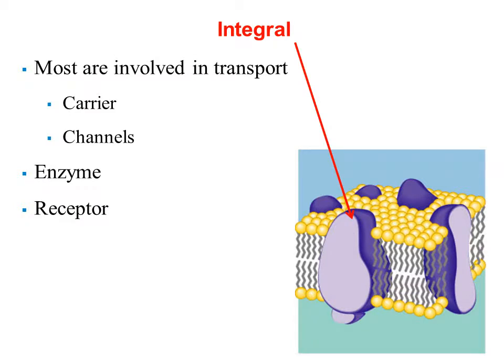They're going to either carry molecules across or they're going to form a channel to allow molecules to flow through the pore. These proteins can also serve as enzymes and they can also serve as receptors. So all of these are things that integral proteins can do.